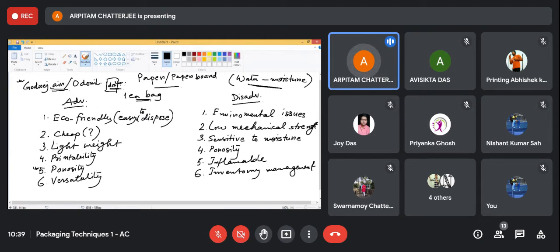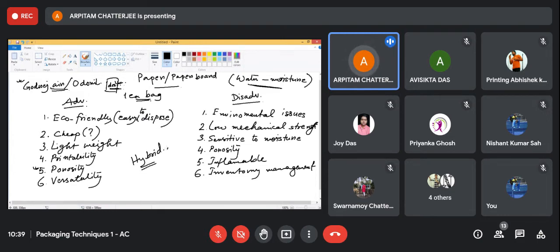And paper and paperboard is also important in that this is one of such packaging materials which can be a sole packaging material. Sole packaging material means you can do entire packaging using paper. You don't need any other thing. Say for example, if you want to have a plastic bottle, in most cases you will see that it is a hybrid packaging. Why am I using this term hybrid?